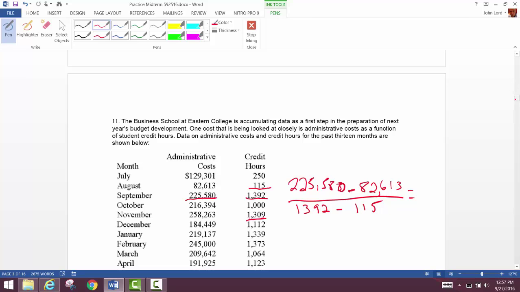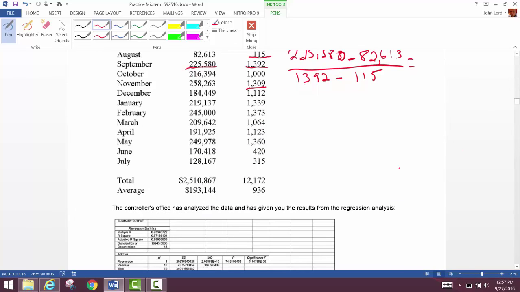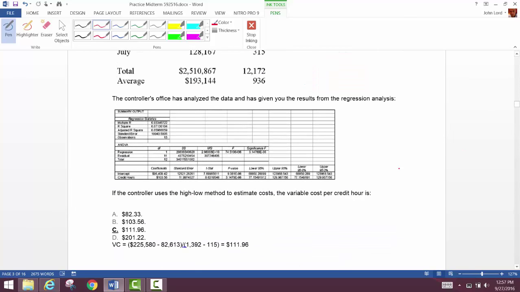Okay, and then you can just come down to the calculation here just to see the math on it, which is 225,580 minus the 82,613. Using the high level of activity gives us the variable cost. Okay.